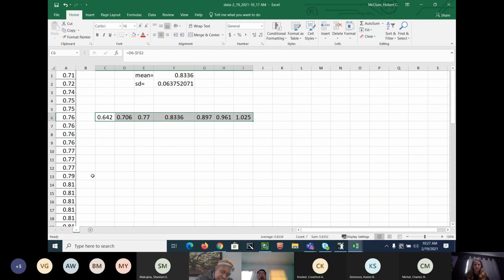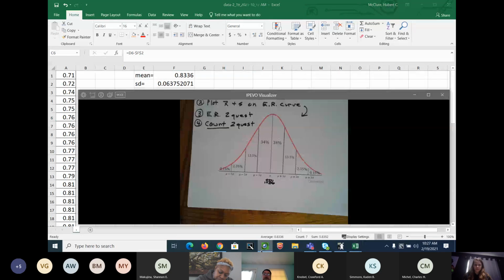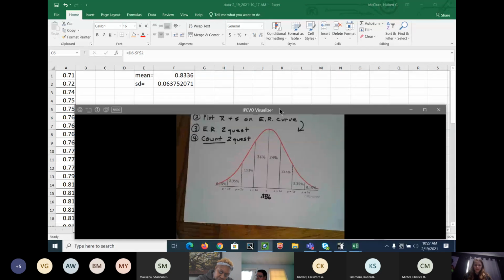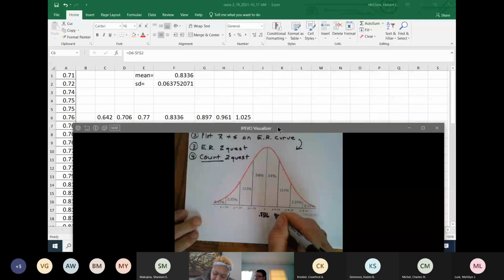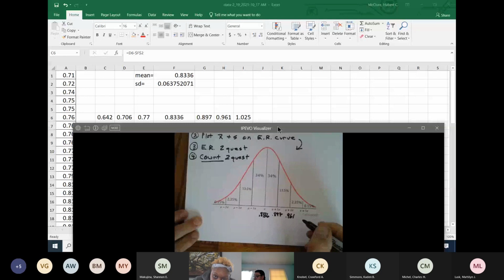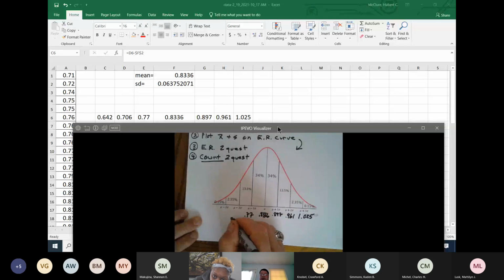So I'm going to put 0.8336 in the middle. And for those that want to see, I'm putting the numbers on my curve: 0.897, 0.961, and 1.025. And on the left, 0.77, 0.706, and 0.642.